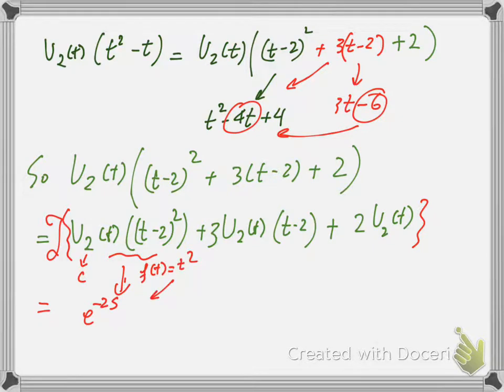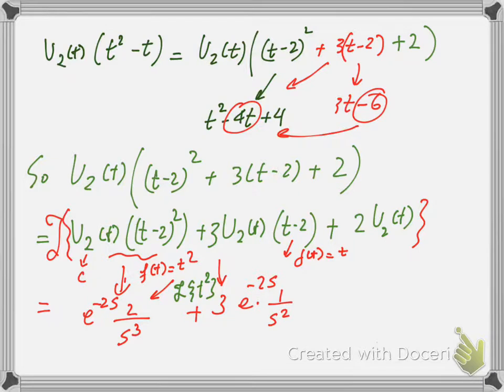The Laplace transform of t² is 2 over s³. So we get e^(−2s) multiplied by 2 divided by s³. Then the next function: f(t) is t, and we know that the Laplace transform of t is 1 over s².